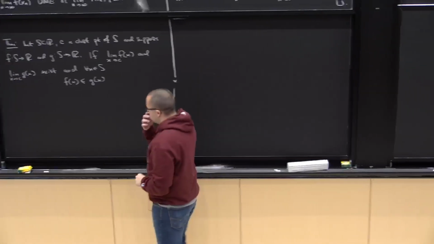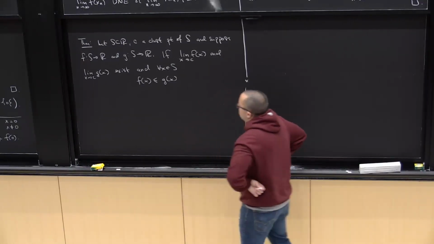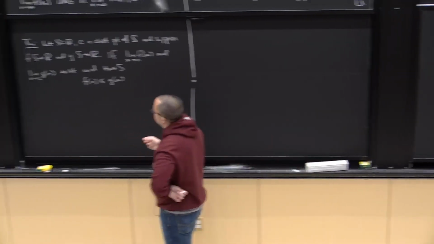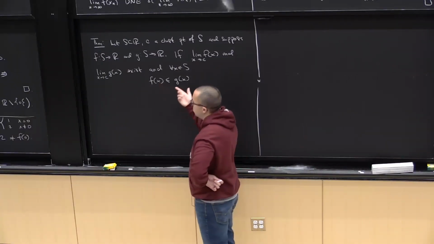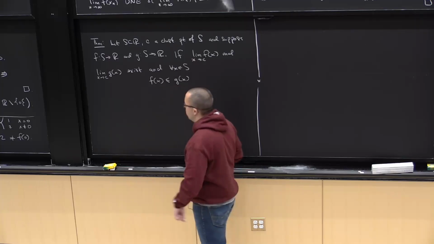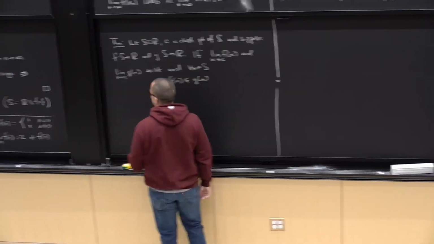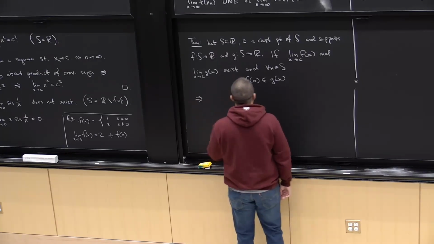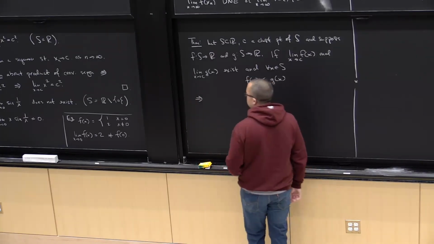then, so we had an analogous statement for sequences, which was if I have two sequences converging and one is less than or equal to the other, then the limits satisfy the same inequality. And it's an analogous conclusion for limits of functions.